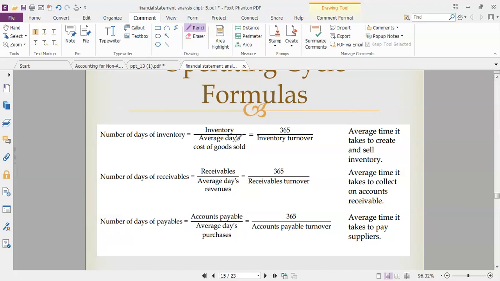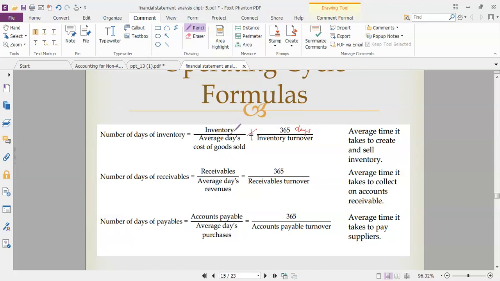So for inventory, we should have the amount of inventory or the goods itself, divided by the average days cost of goods sold. You must multiply by 365 days here.